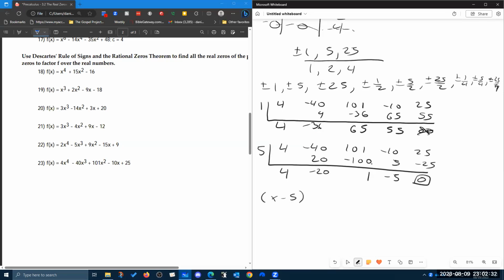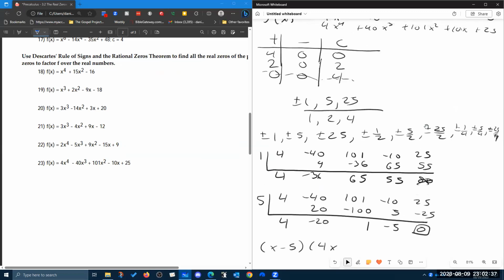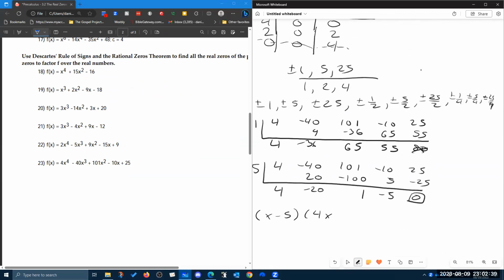x minus 5 for x to the 3rd power minus 20x to the second power plus x minus 5. We're going to get to factor by grouping again.